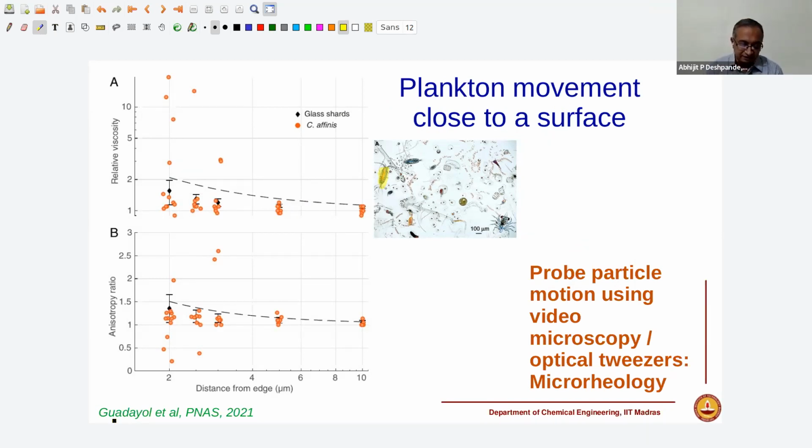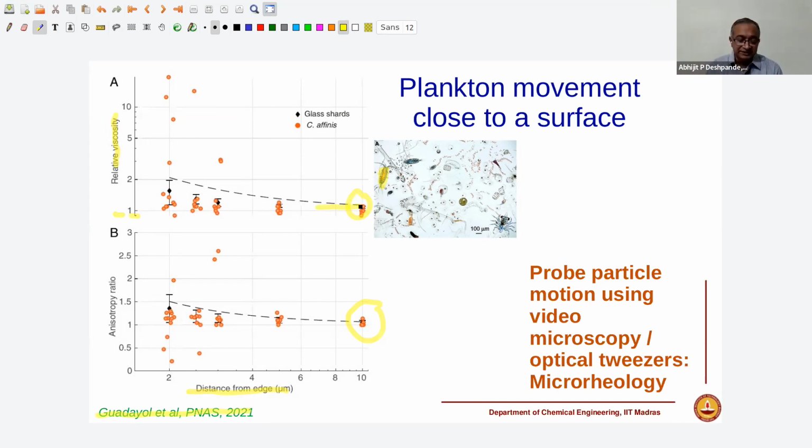These are some recent measurements of viscosity as a function of distance from a wall. If the plankton is very far away, 10 microns from the wall, its relative viscosity is basically the same as the environment, the water viscosity.